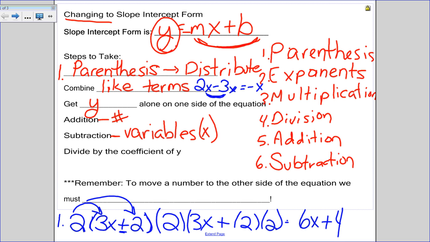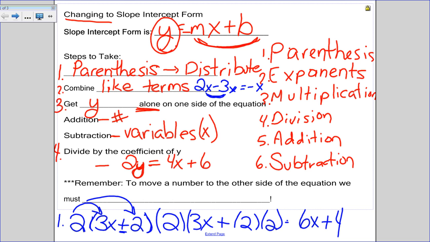We'll look at this a little more in our practice problems, but the big thing is that step 3, we're getting y alone on one side of the equation. All right, step 4, your very last one, you need to divide by the coefficient of y. So if you have something like 2y equals 4x plus 6, you need y by itself, okay?